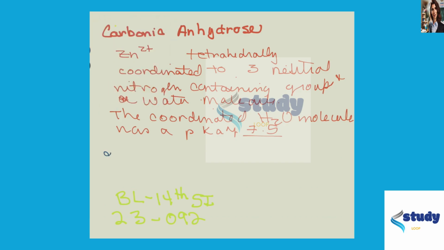Our first order of business is to draw the active site geometry. We're told to use N for the nitrogen containing groups. And this was a tetrahedron, so I'm not going to draw it super fancy here.